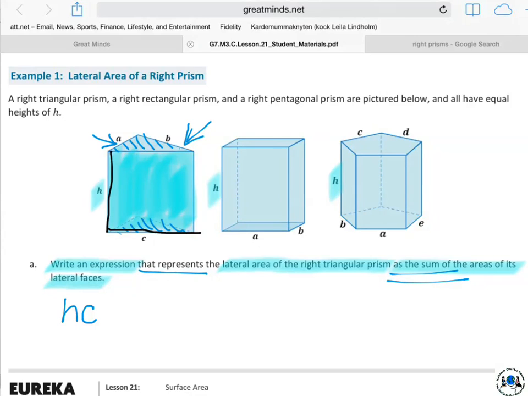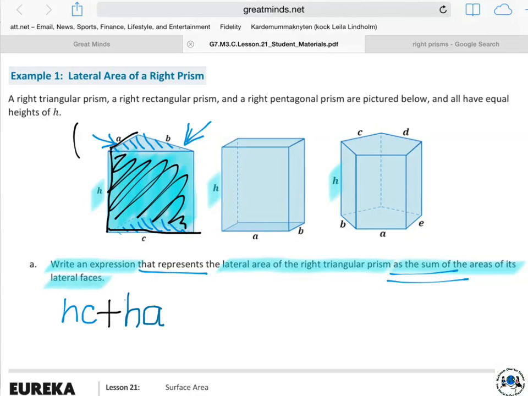H times C gives us the area of this lateral face. Next we're going to add HA, which is this one right back here, that face that sits in the back that we really can't see. That gives us the area of that lateral face. And then the last lateral face is H times B, which is that back lateral face that we also cannot see.